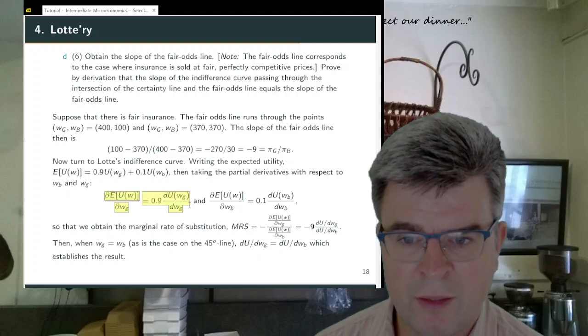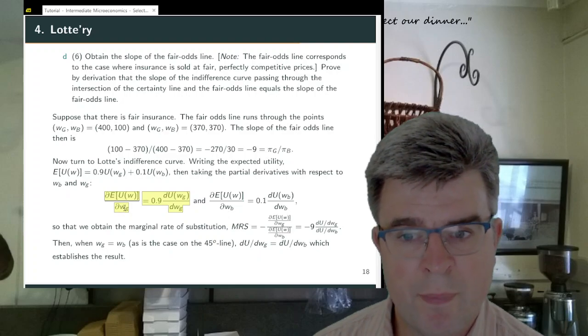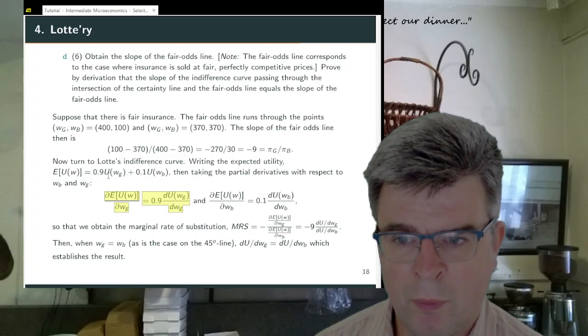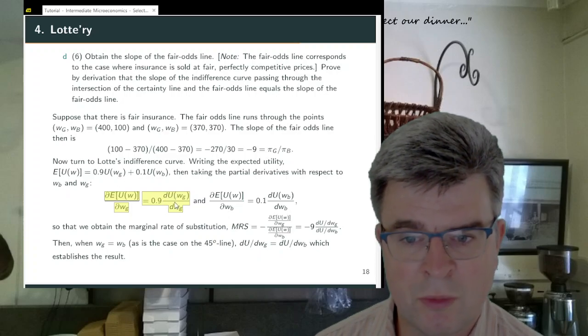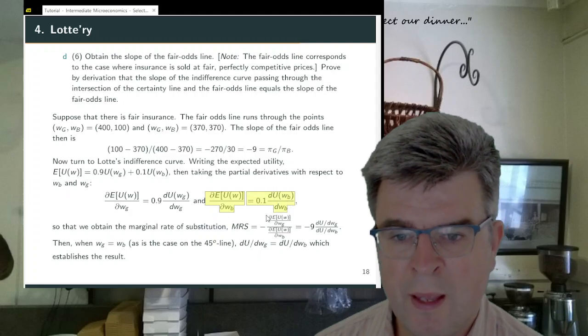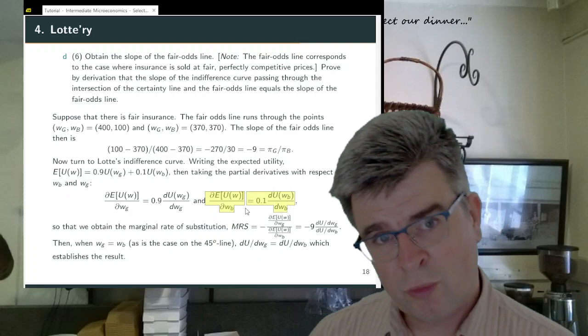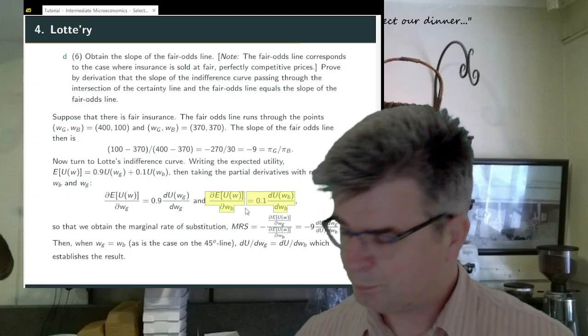So if we take the derivative with respect to WG, then it's 0.9 times the derivative of our utility with respect to WG, and the same for the bad state of the world. And what we now actually do is we look at the marginal rate of substitution.